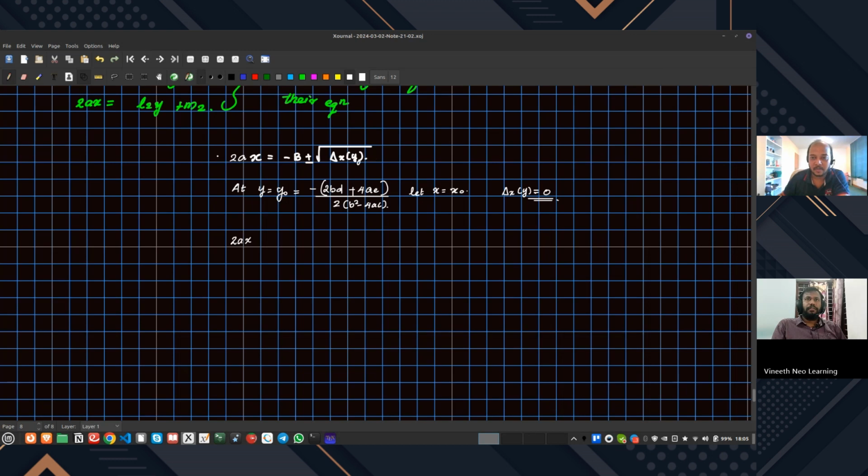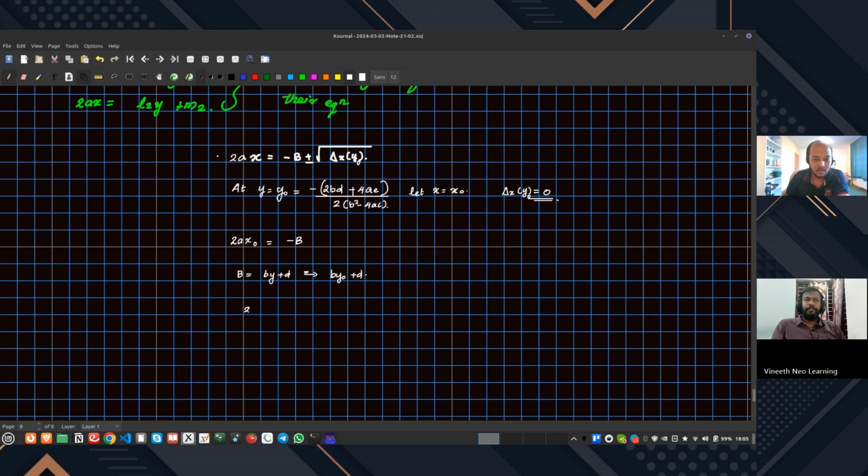So 2a x naught should be equal to negative b, and we know that b is actually equal to b y plus d. Here it will become b y naught plus d.